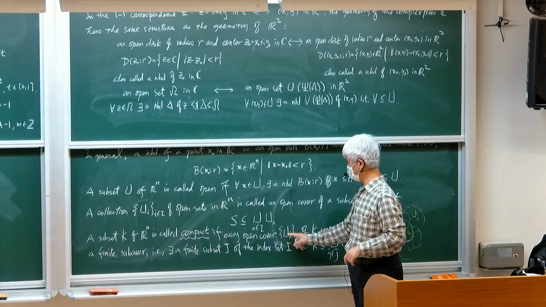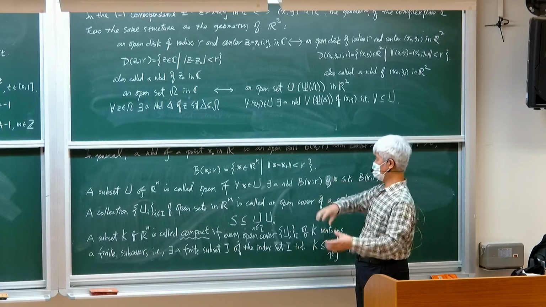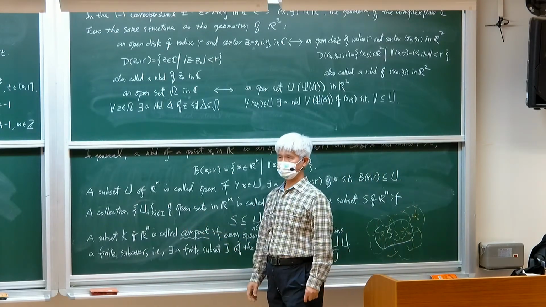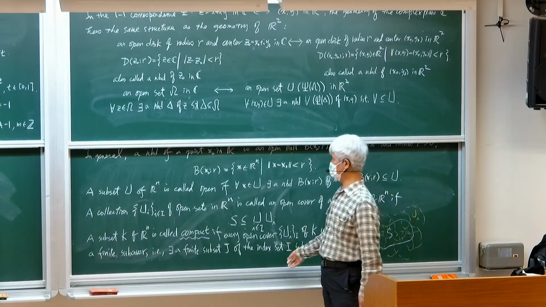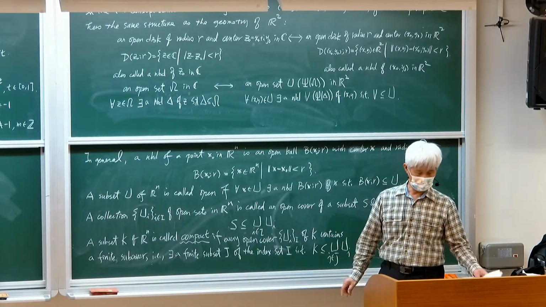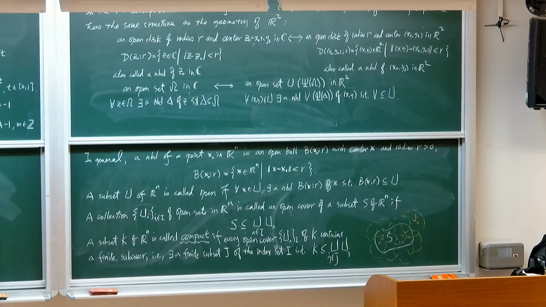So we can find a finite number of U_i's from this collection which will cover K. This is called the covering, and compactness is an important geometric concept in analysis.